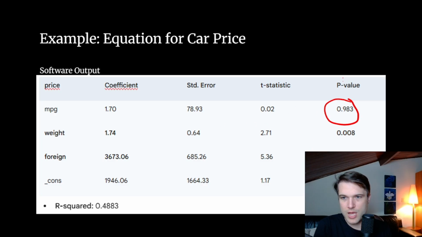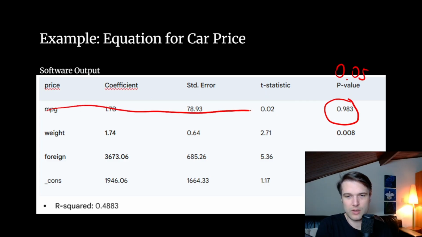This is way, way over 0.05, right? Way over. So what do you understand? That we can't use this variable because it's not a good predictor.